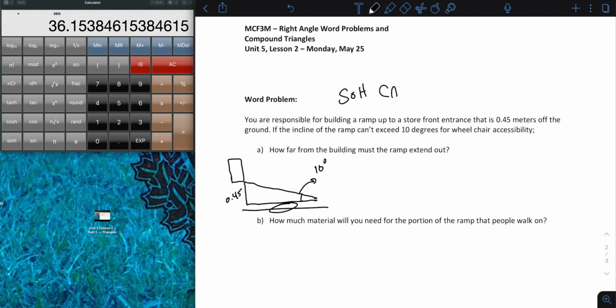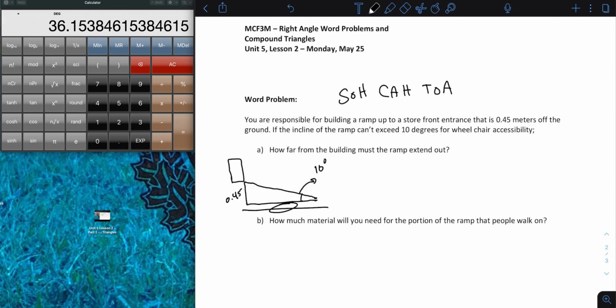SOHCAHTOA again, because it's a right angle, okay? And from there, I'm going to start looking for things that I know on my diagram, and then I can make a selection of sine, cos, or tangent, whichever one. So let's take a look here.